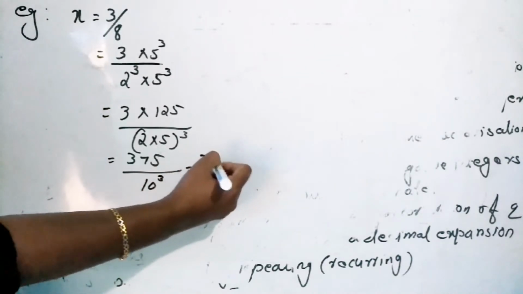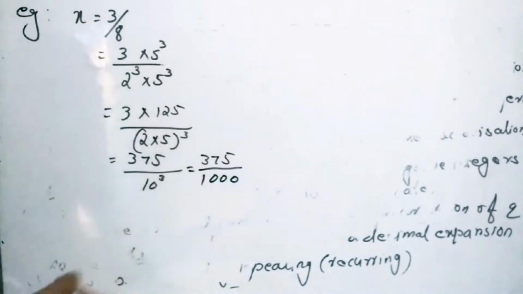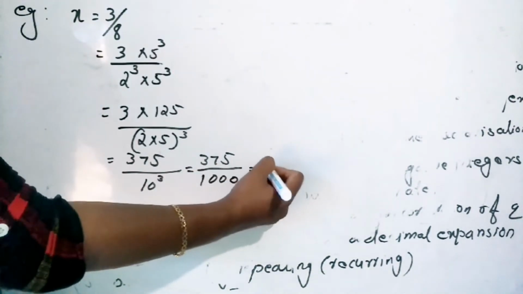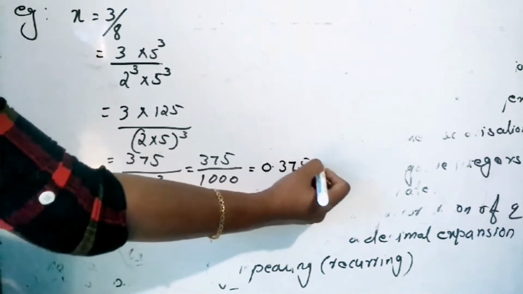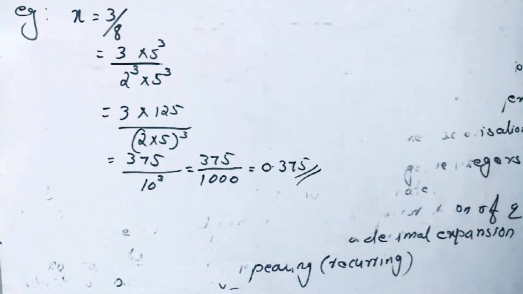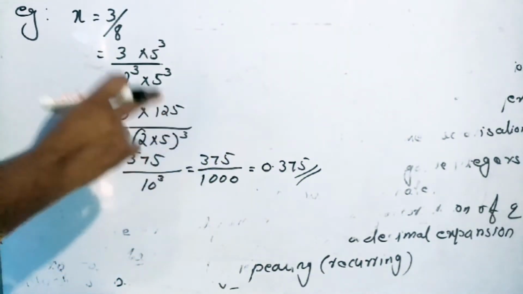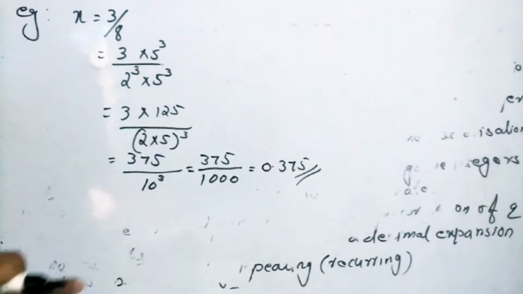This is equal to 375 divided by 1 and 3 zeros. What is this? 0.375. So the decimal expansion corresponding to x is 0.375.